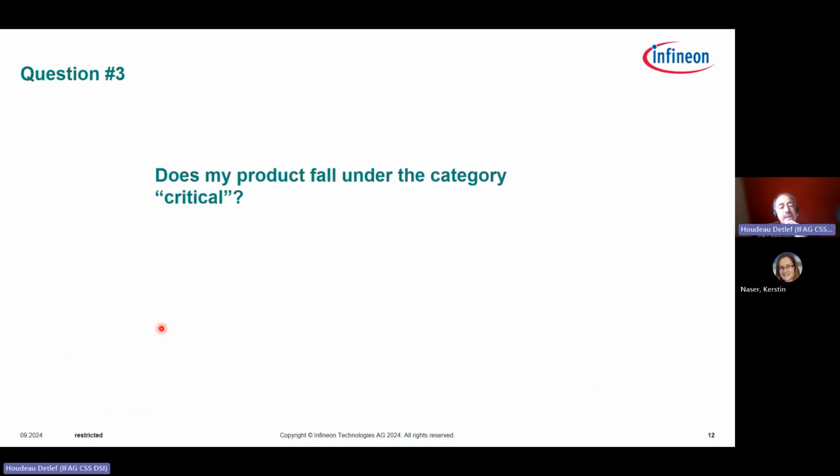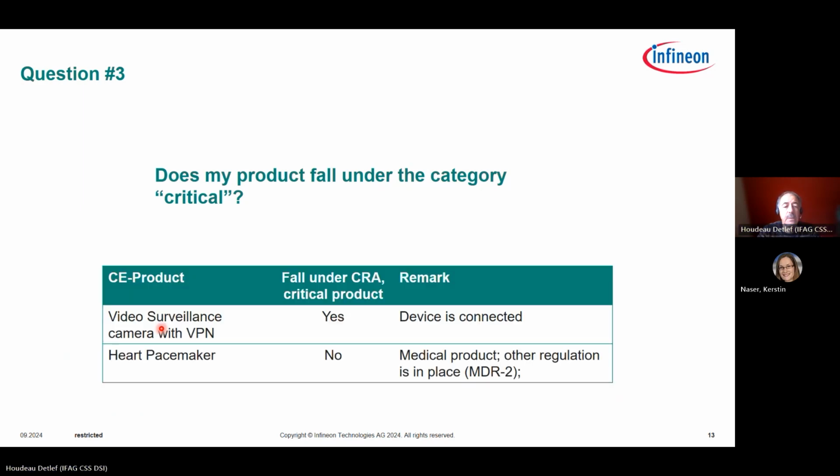Next view is, does my product fall under the category critical? 2 examples also in this domain. Video surveillance cameras with VPN connection fall under this category because this device is connected and you have video information in this communication part. A heart pacemaker does not fall under this regulation.